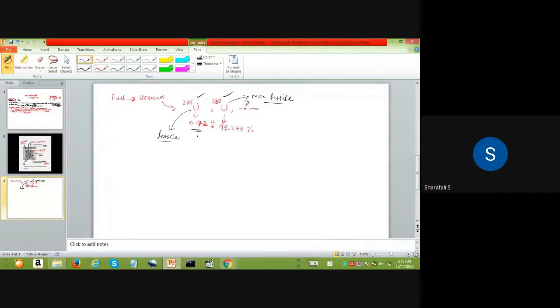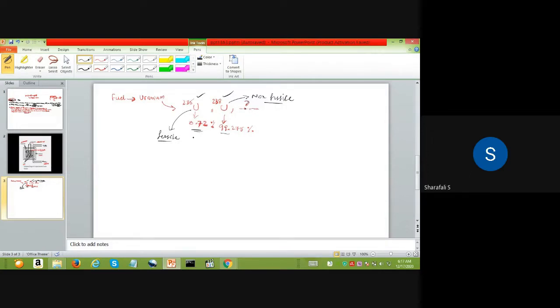So we need uranium-235 more than uranium-238, but in nature uranium-238 is the majority, around 99.275%. Compared with this, uranium-235 is not even 1%, so it is very small.